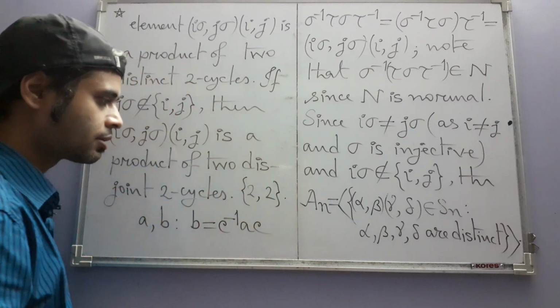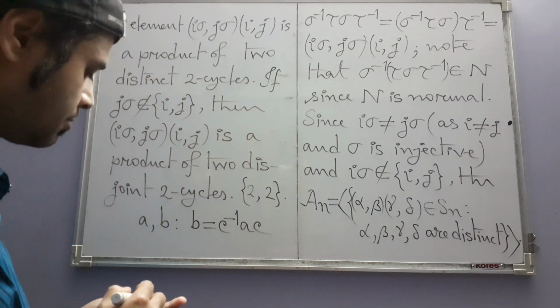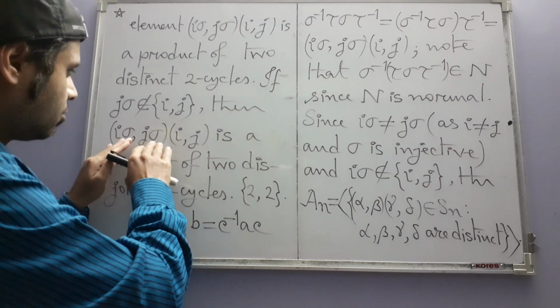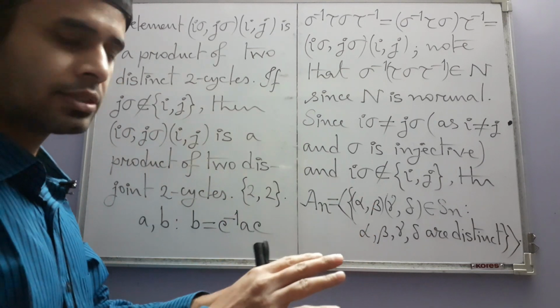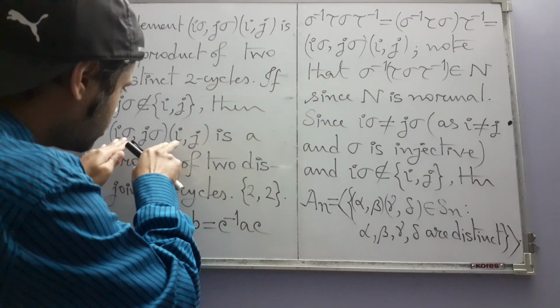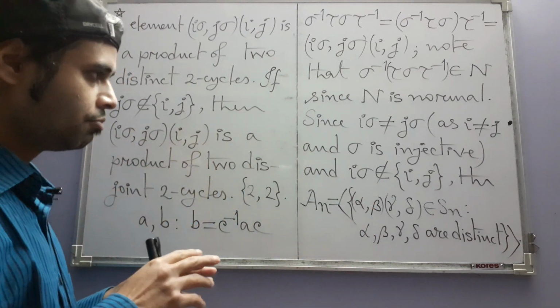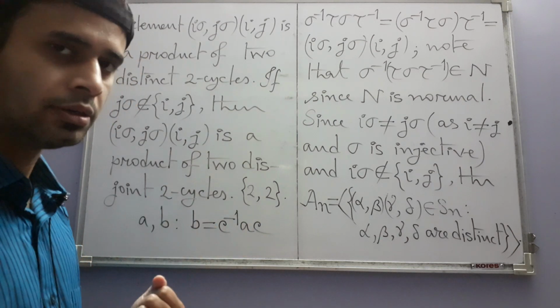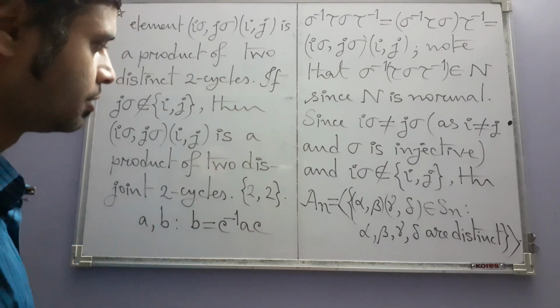That means it's a product of two disjoint two cycles. Okay. So all the elements in Sn which are conjugate to this one will also be products of two disjoint two cycles according to this theory that we are going to see in the next section.